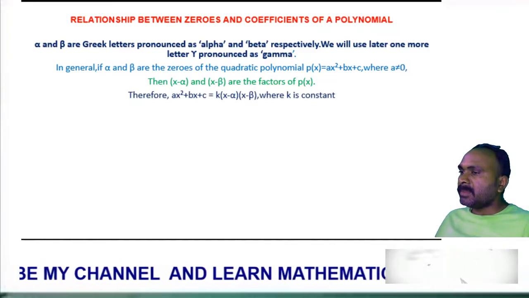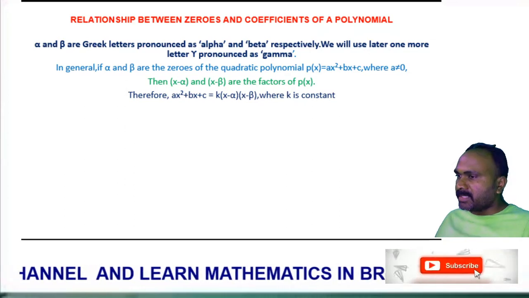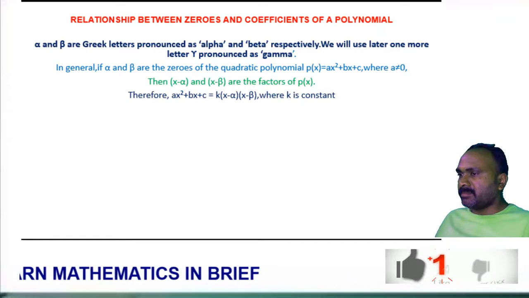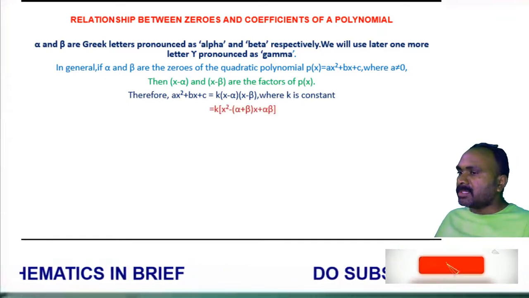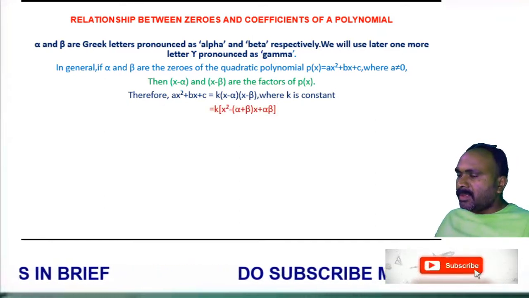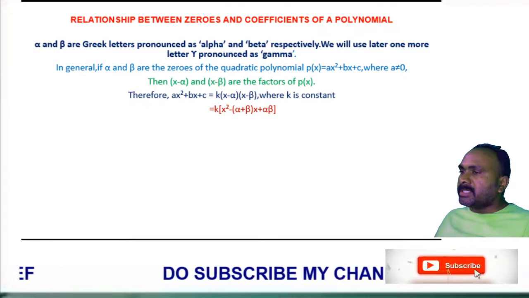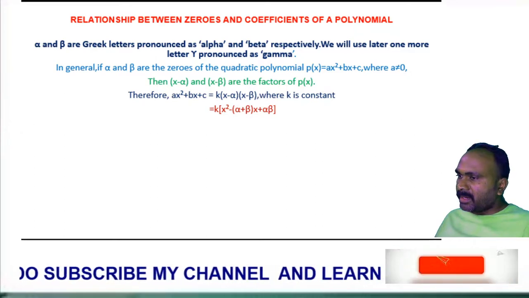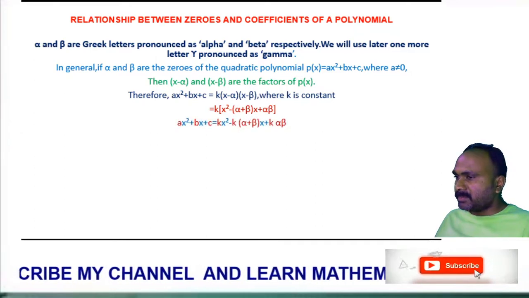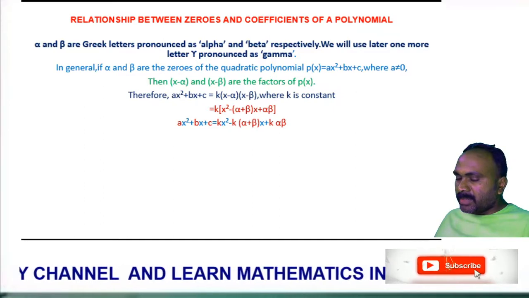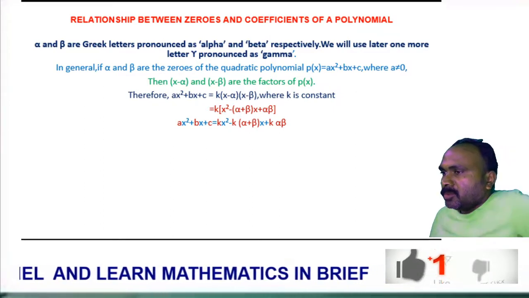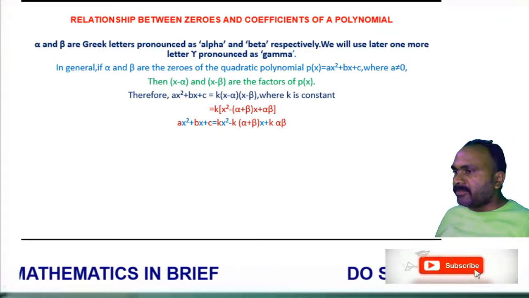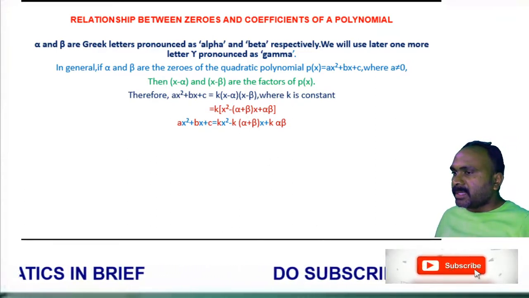Therefore, ax square plus bx plus c is written as k into x minus alpha into x minus beta, where k is a constant. So this equals k into x square minus alpha plus beta x plus alpha beta. Here ax square plus bx plus c equals kx square minus k of alpha plus beta x plus k alpha beta.